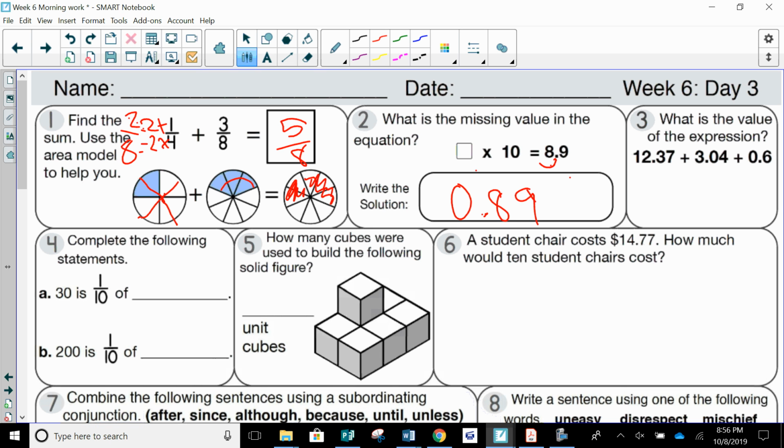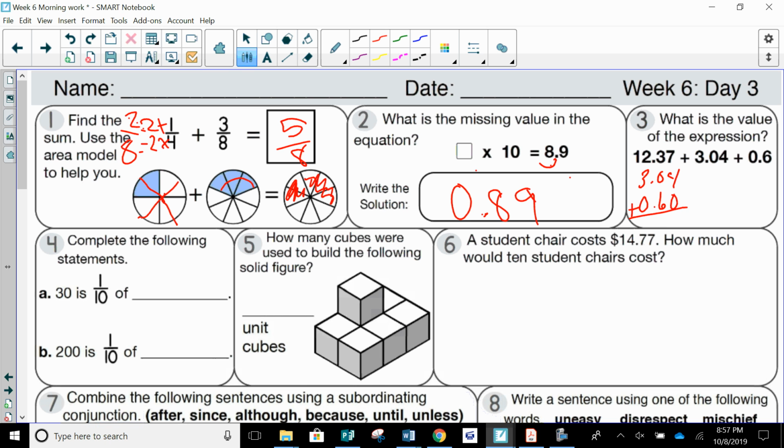Okay. Number 3 says write the value of the expression. Whew, they don't give me very much room to do that. So I'm going to use this 12 and 37 hundredths, and I'm going to add 3 and 4 hundredths, and I'm going to add, oh, I did that wrong, sorry. I'm going to add 3 and 4 hundredths and 6 tenths.